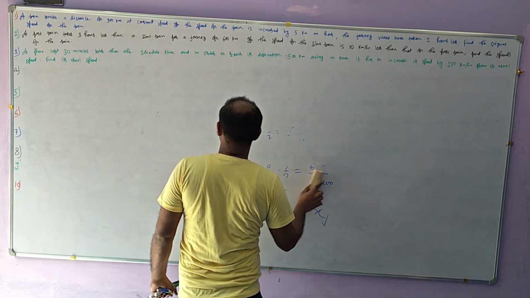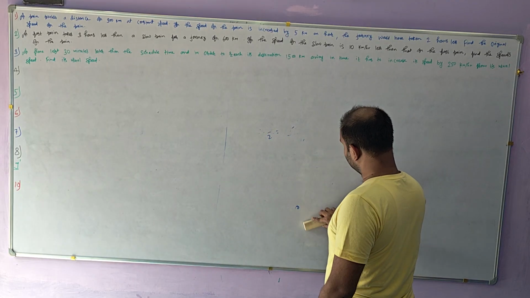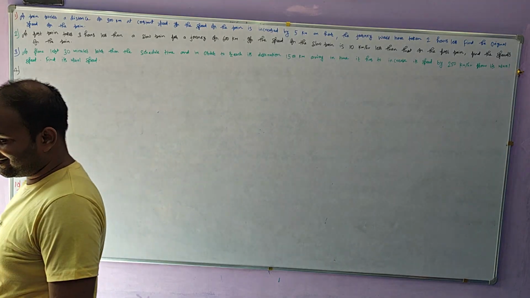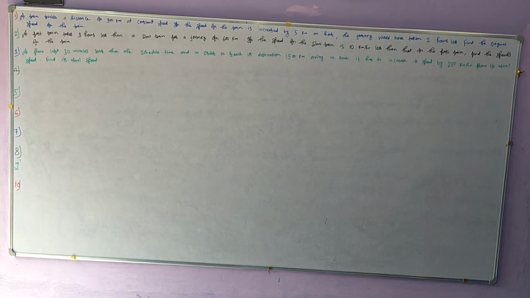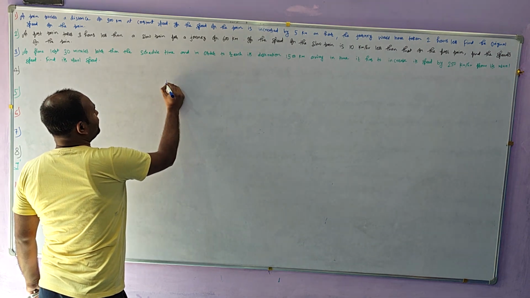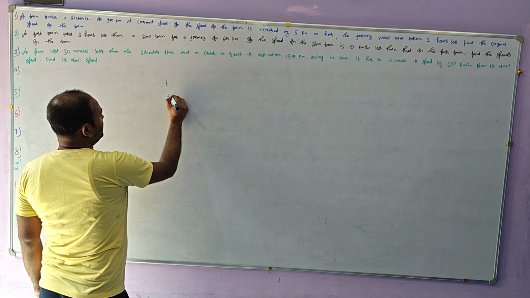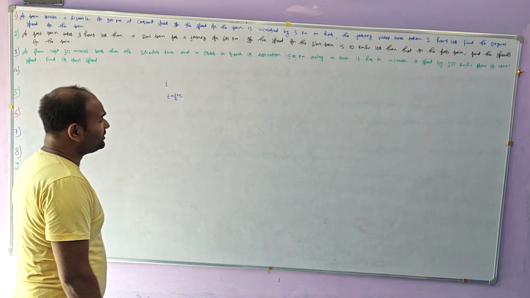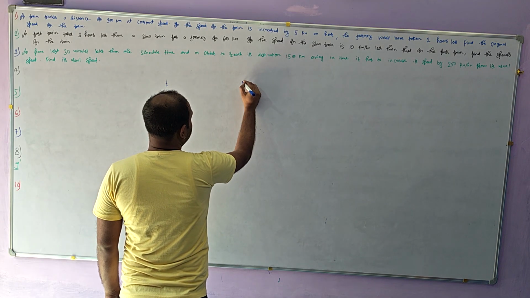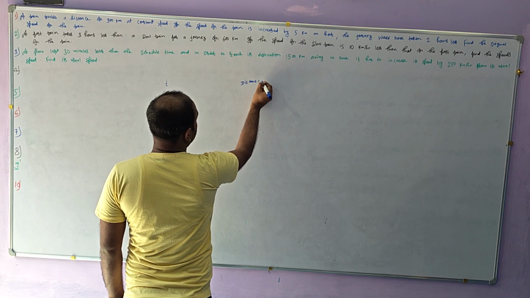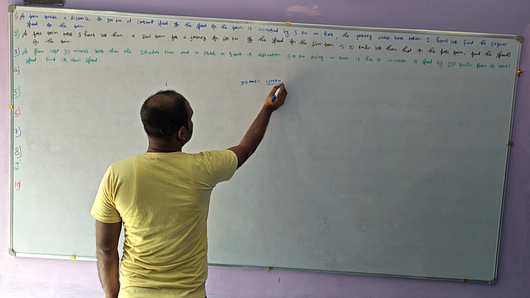Find its usual speed. A plane left 30 minutes later. Suppose the plane left for t time, then it left for t plus half an hour. Reach destination of 1500 kilometers. The distance is equal to 1500 kilometers.